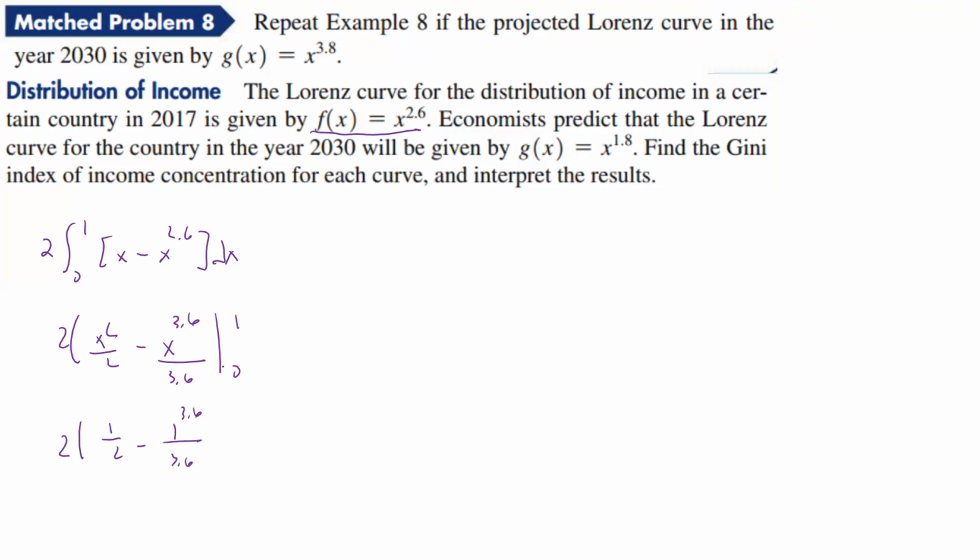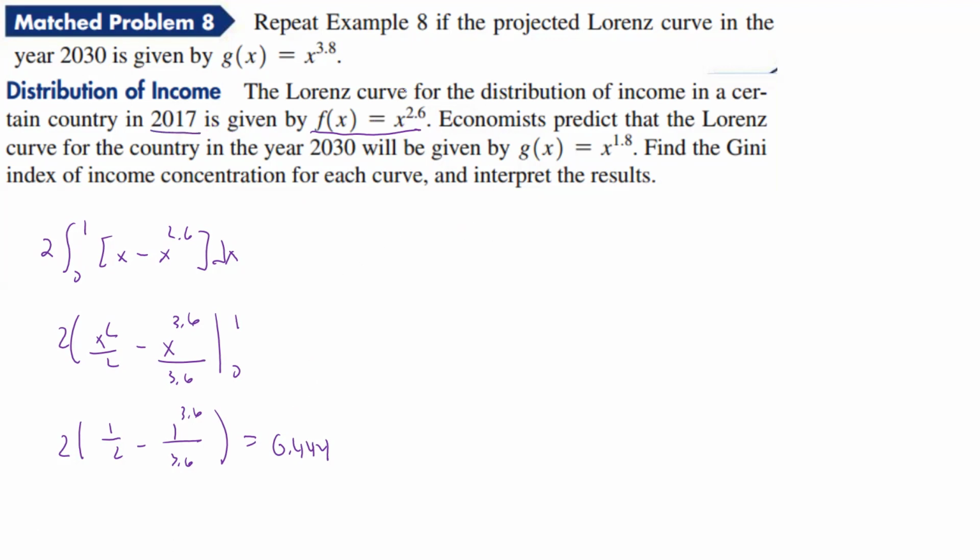And if we plug in 0, those are 0. So that's going to be our solution. If we plug that into our calculator, 2 times 1 divided by 2 minus 1 to the 3.6 divided by 3.6, that gives us 0.444. So that's our distribution in 2017.